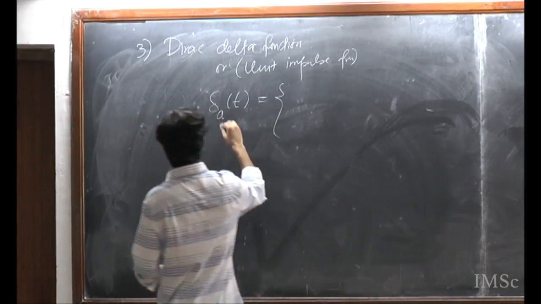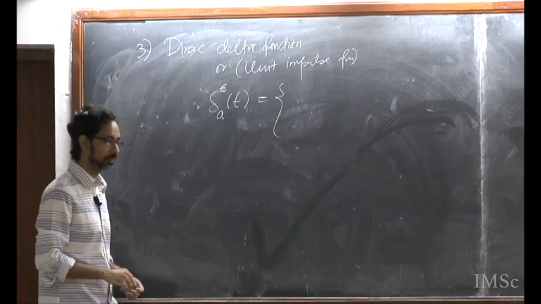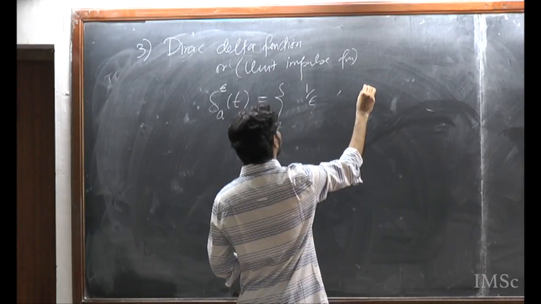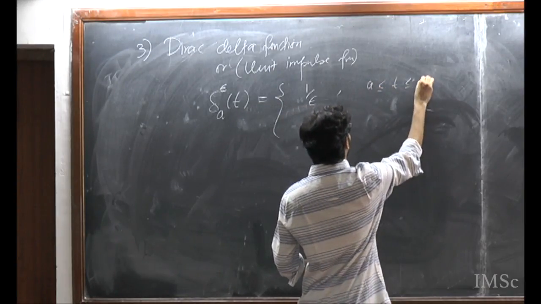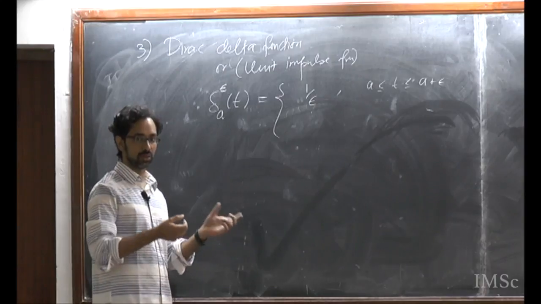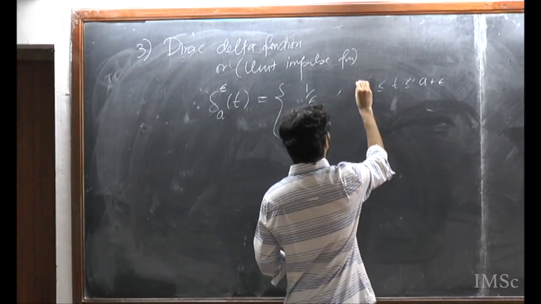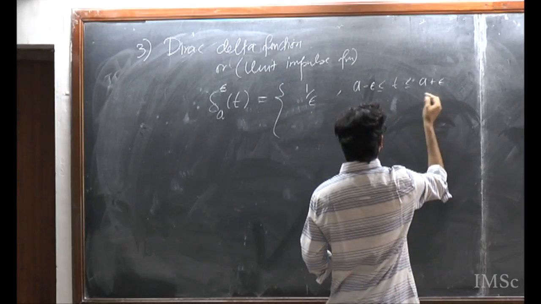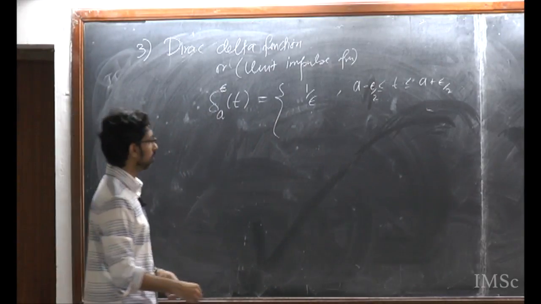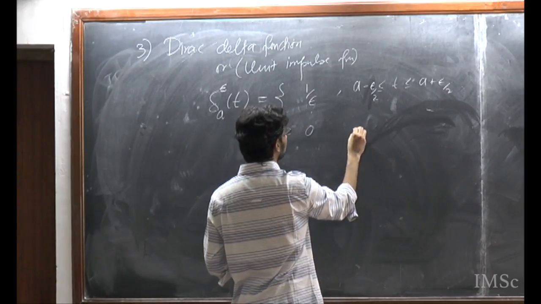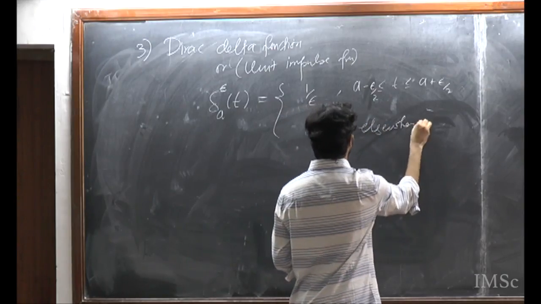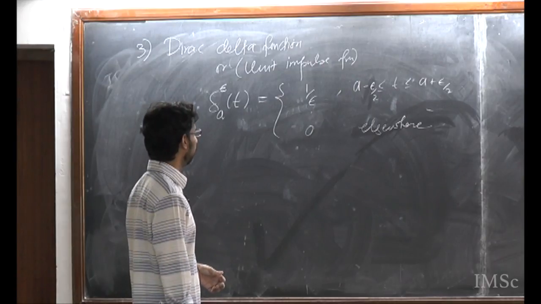So let me write epsilon. This is 1 by epsilon for a minus epsilon by 2 to a plus epsilon by 2, and 0 elsewhere.